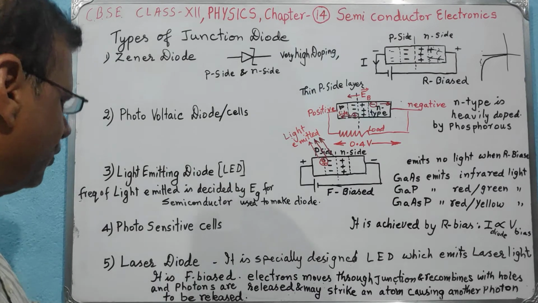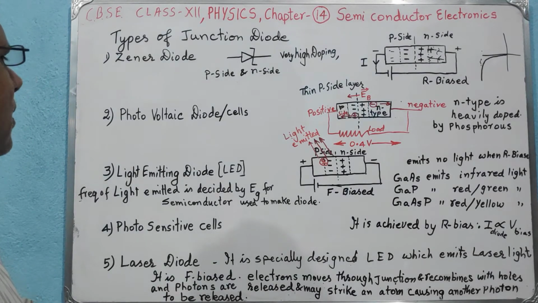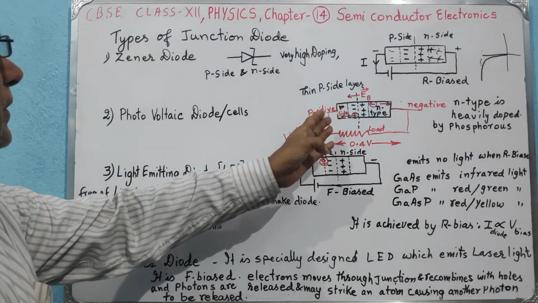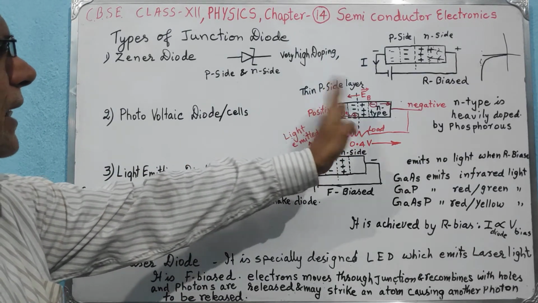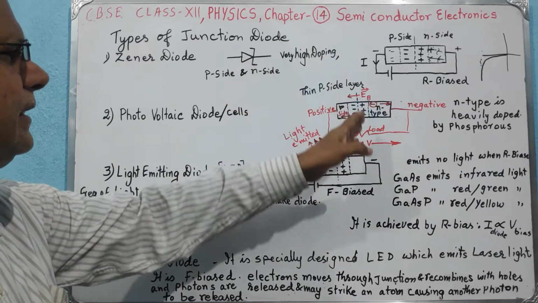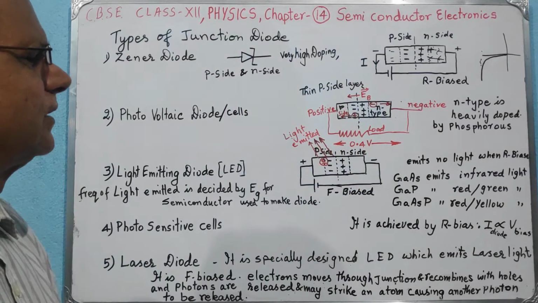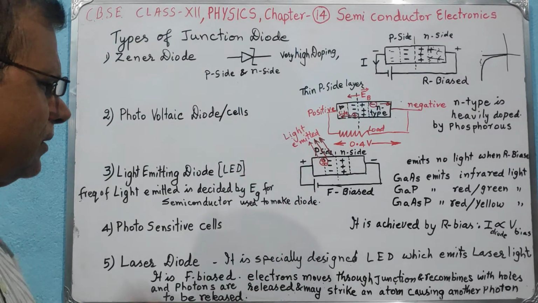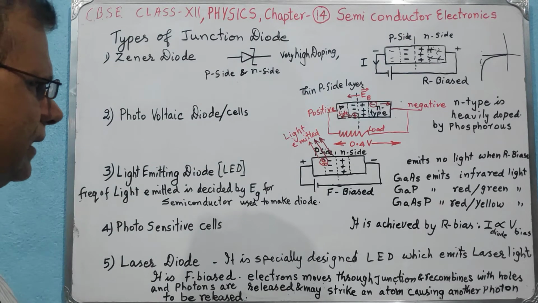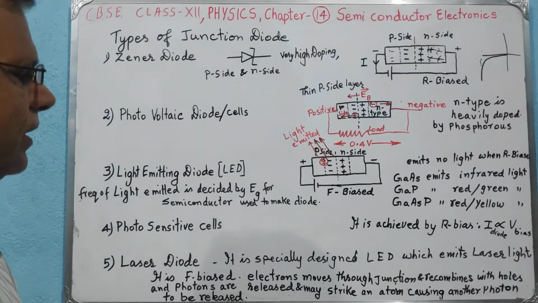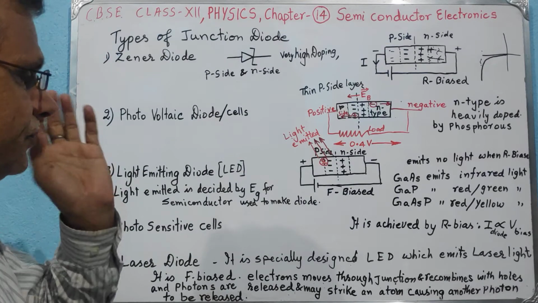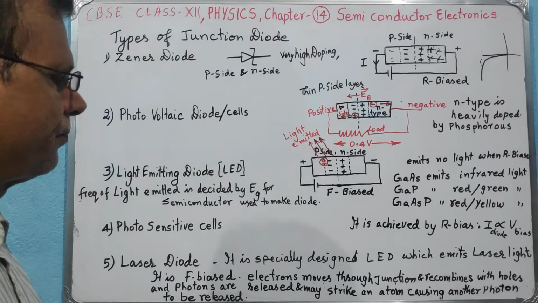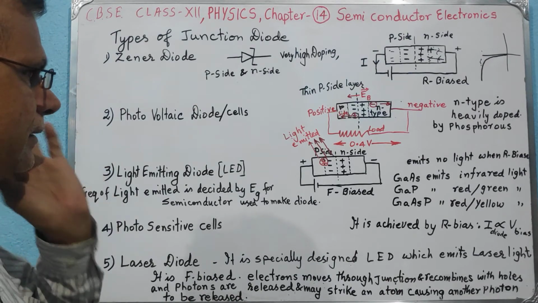Now we talk about photosensitive cells. Here you have seen how we produce electricity when light is incident at the junction of a PN junction diode. Just in a similar way, when light is incident on a reversely biased PN junction diode, what happens?